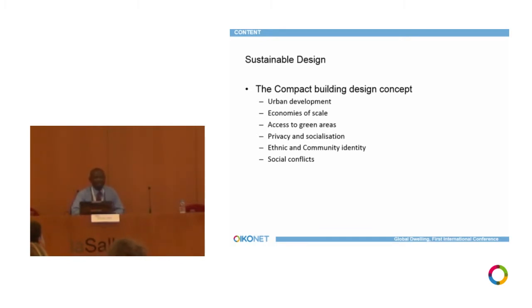But also there are issues here, which means there will be reduced access to green areas. Privacy and socialization is always an issue. Community identity is a problem, and it is also a source of social conflict, usually. And the design can help to reduce some of the problems we can experience in this type of design concept.